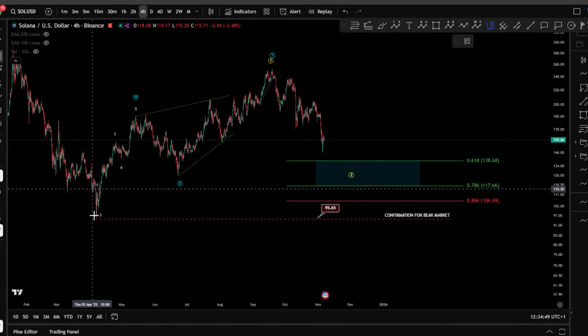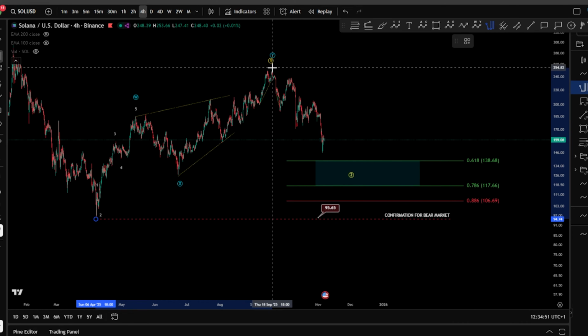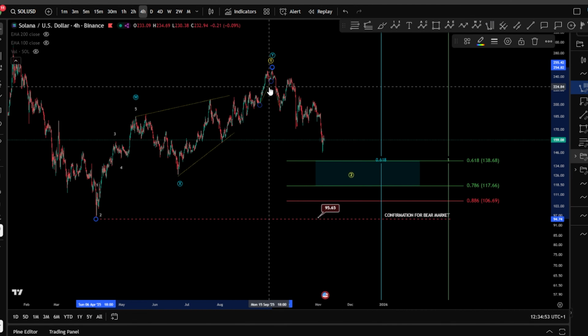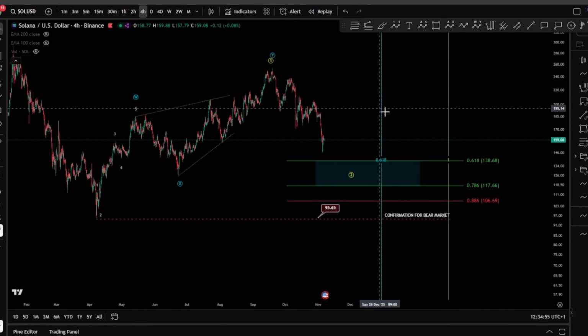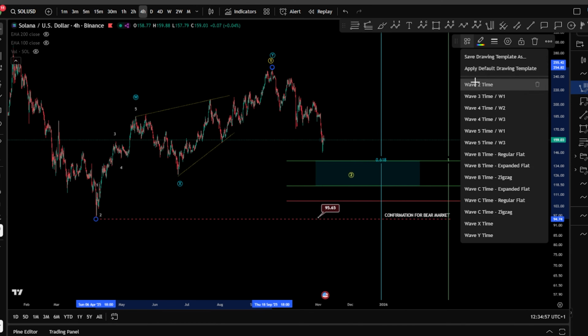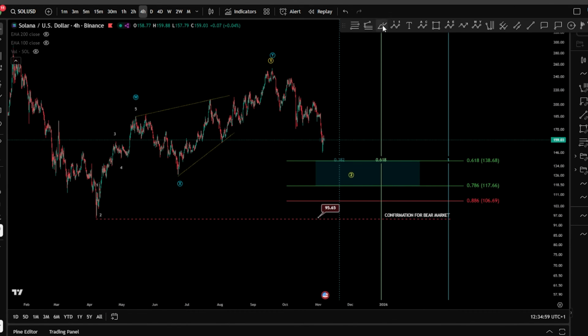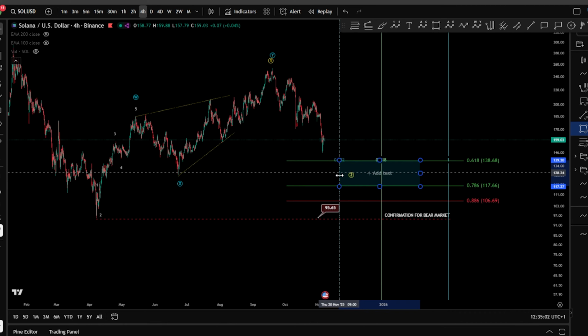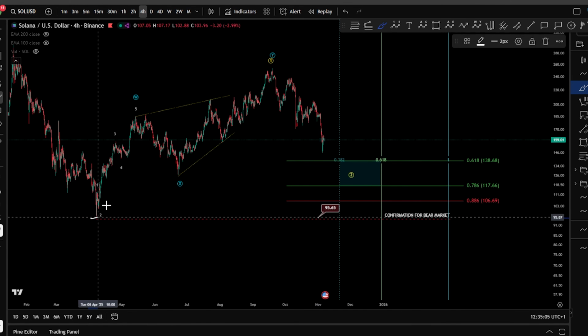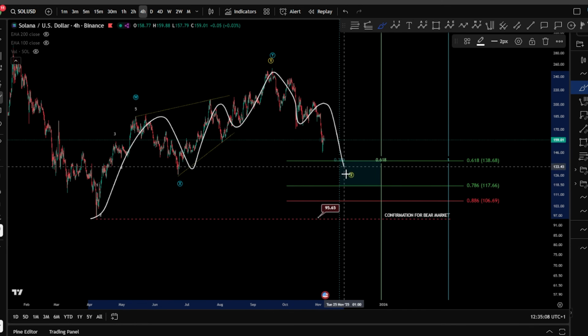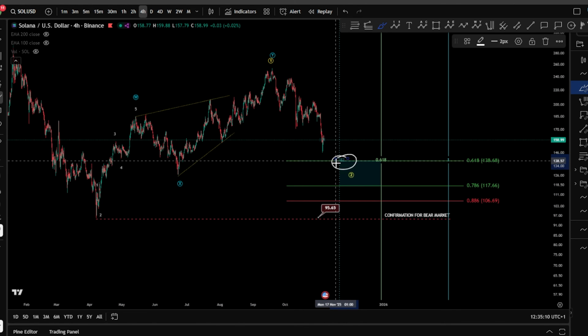Now the timing required for this wave 2, in case that we are in a leading diagonal over there, I'm looking for a wave 2 of at least 0.38, which is not hit yet. So even in this scenario, which is left for bullish as a wave 1 and then wave 2, you have not reached the time yet.